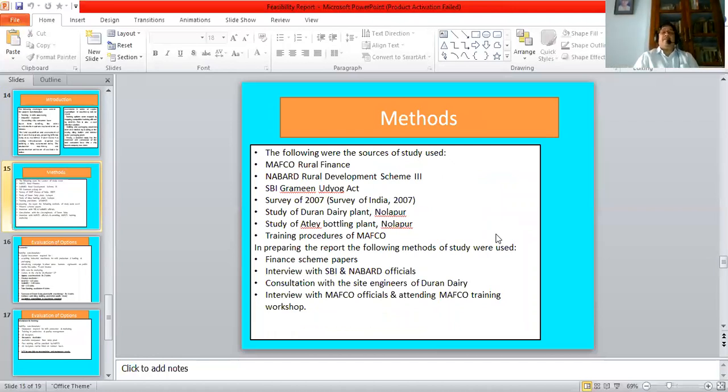Information is also obtained from the Survey of India of 2007, the study of the Durand Dairy Plant in Nodapur, the study of the Atlee Bottling Plant in Nodapur, and the training procedures of NAFCO. Now, in preparing the report, the following methods of study were used: finance scheme papers, interviews with SBI and NABARD officials, consultation with the site engineers of Durand Dairy, and interviews with NAFCO officials and attending the NAFCO training workshop. So all these things are the sources.